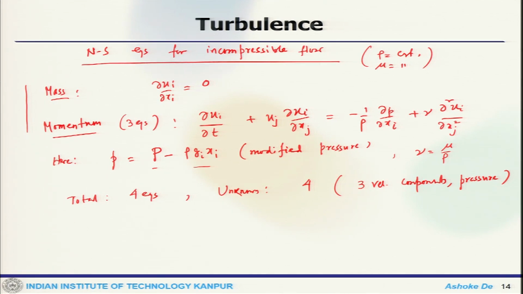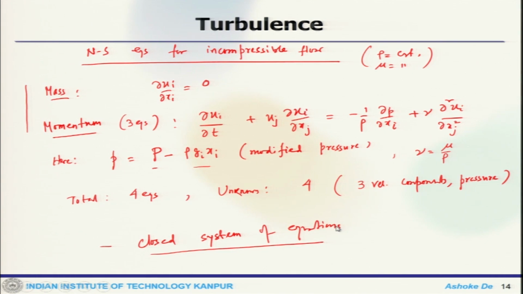Okay. So, one can think you have a number of equations equal to the number of unknowns. So, this is a sort of closed system of equations for given initial condition and boundary condition.